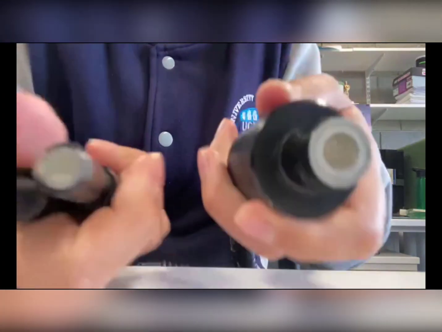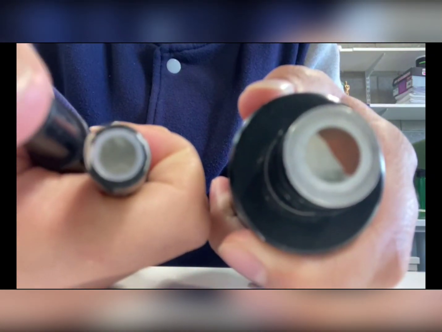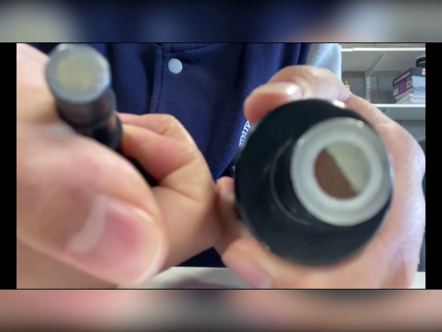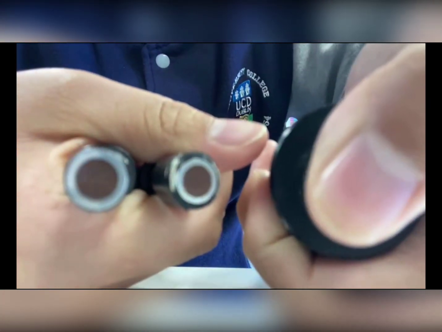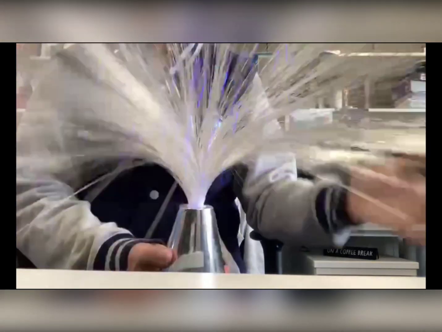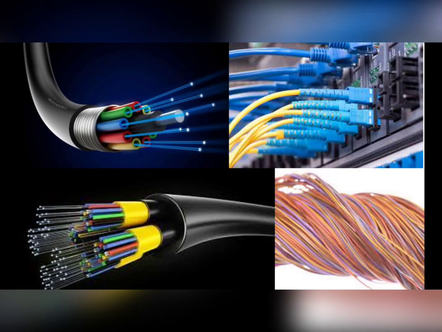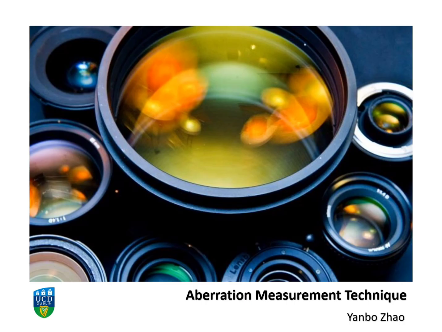This is a kind of fiber with a beam splitter inside. We can see the change of the light. The easiest product is a light decoration. Can you find any fiber products in your life?